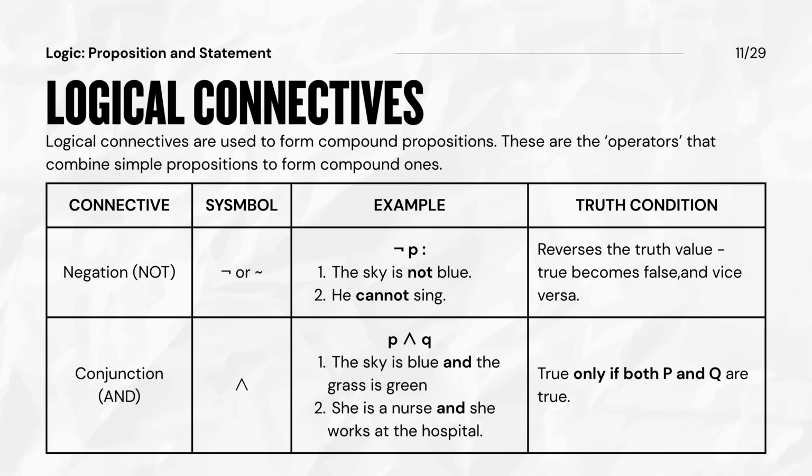In the picture, number 2, connectives, conjunction, the symbol is and. Example, the sky is blue and the grass is green. Number 2 example, she is a nurse and she works at the hospital. The truth condition, true only if both P and Q are true.